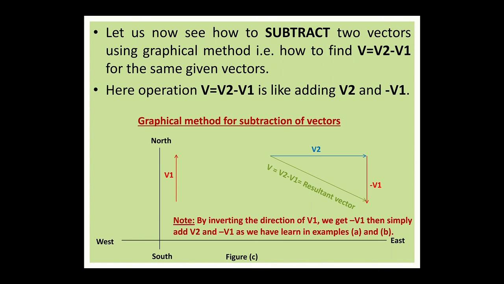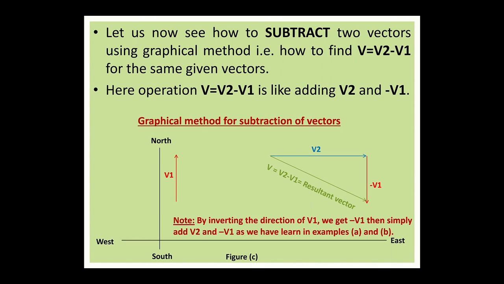In this triangular diagram you can see that the blue arrow is representing V1 and its direction is towards east, but the red arrow is representing minus V1 and its direction is towards south.